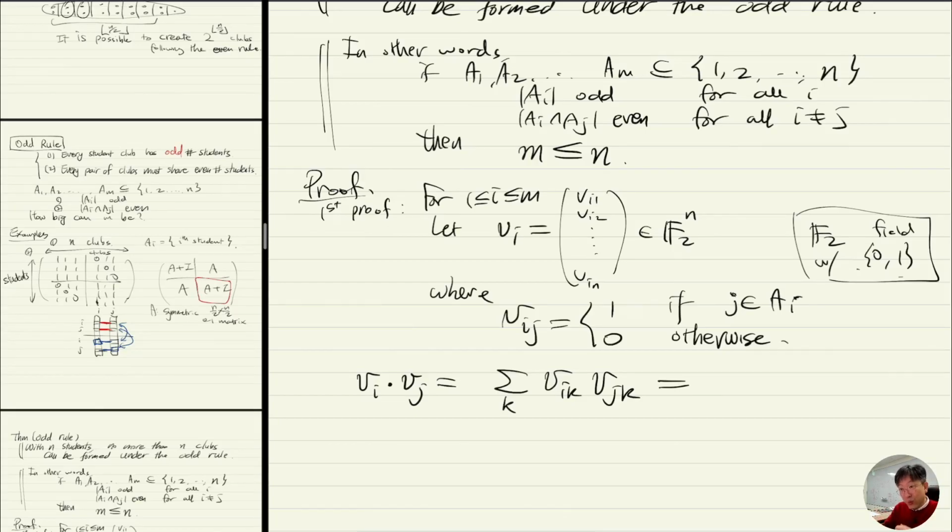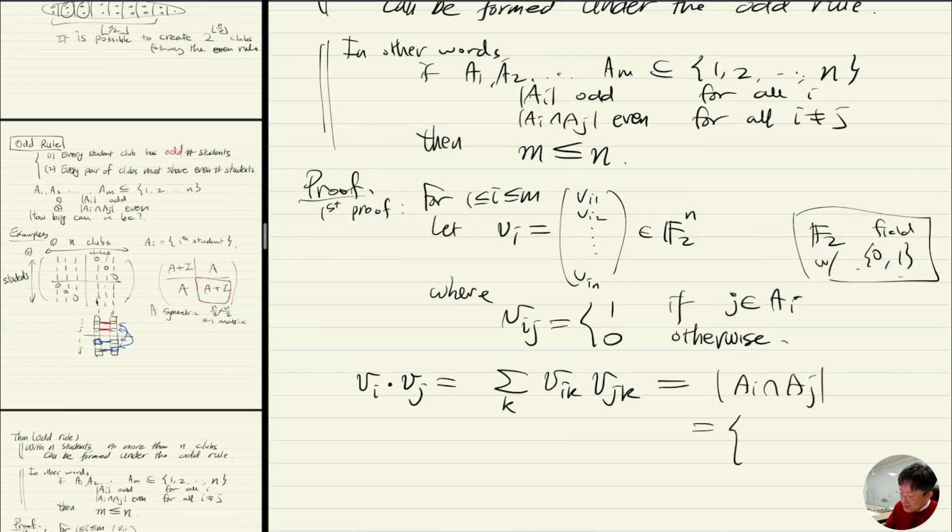These are 0 or 1, so to have any surviving term you need both to be 1, which means it's exactly the size of Ai intersection Aj.